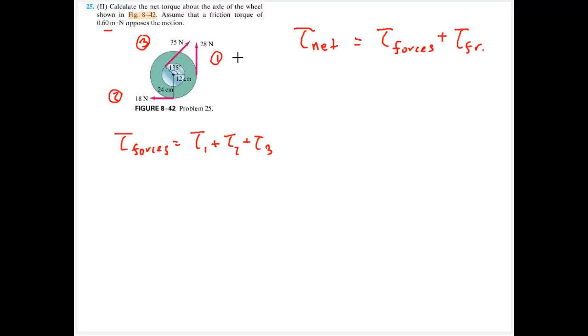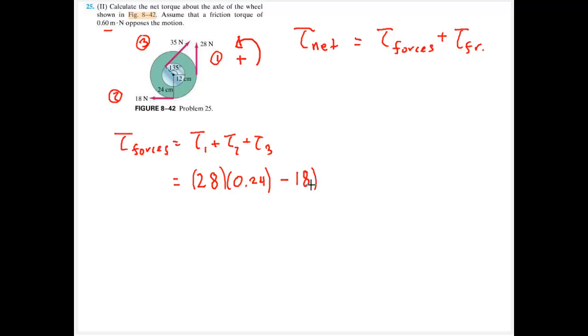And what I'm going to do is define the counterclockwise direction to be positive for all of my torques. So torque number 1 is going to apply a counterclockwise torque that's going to be equal to the force, 28 newtons, multiplied by the distance, which is going to be 0.24 meters. Torque number 2 is going to apply a clockwise torque, so I'm going to put a negative sign.